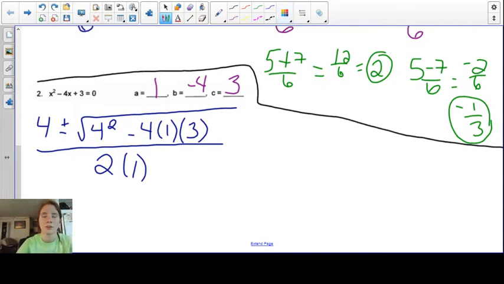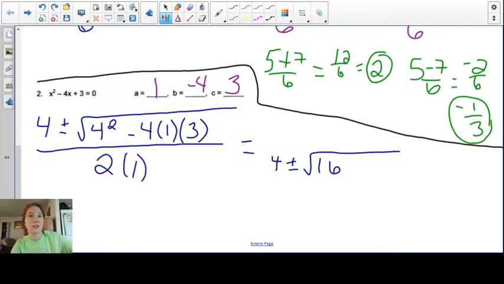I don't want our colors getting confused. Okay. So step number 1, put everything in the formula. Step number 2, start simplifying underneath the square root. So I have 4. Oh, that's not going to be a straight line. So I have 4 plus or minus. 4 times 4 is 16.